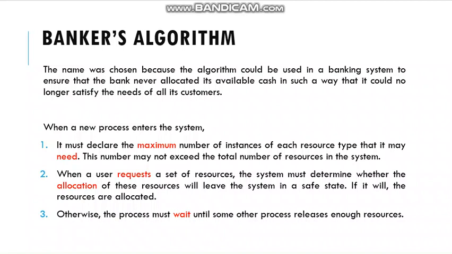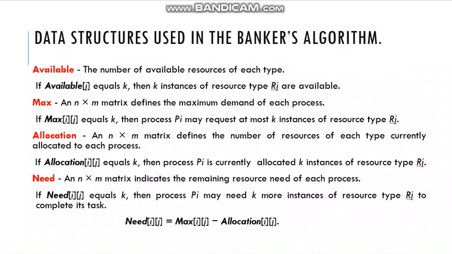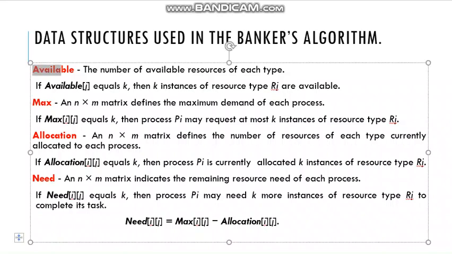So what is that algorithm? Before going to Banker's algorithm, first we will see the data structures we are using. The first is Available: the number of available resources of each type.